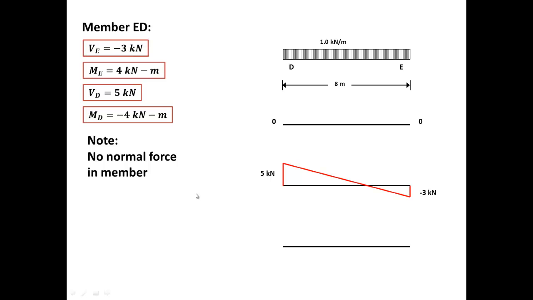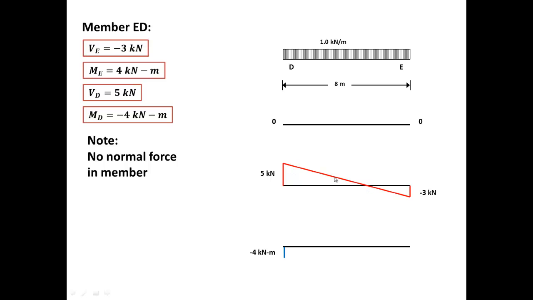For the moment, we'll start at -4 because that's what we got from our analysis, and we'll end up with a 4 at the other end. But before I continue doing this, take a look at the shear diagram. It crosses the horizontal axis at a point.